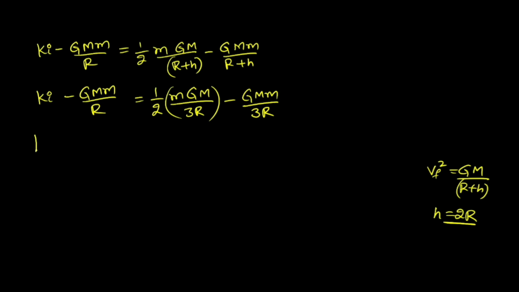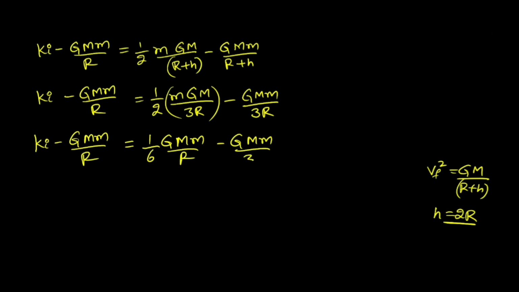Now you simplify it. Kinetic energy equal to minus GMm by r equals 1 by 6 GMm by r minus GMm by 3r. Right, 3r.